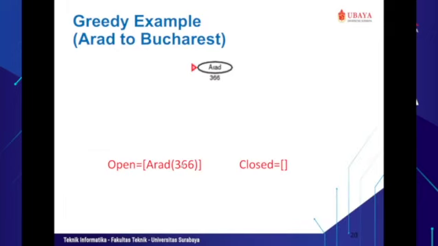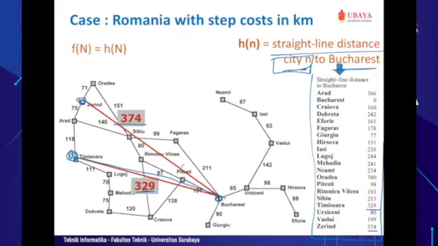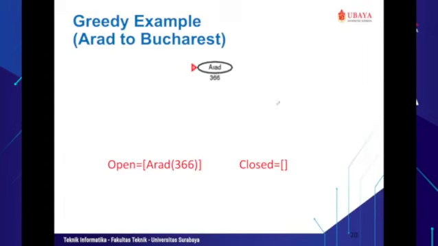Let's use this map and solve it using greedy best first search. Let's say we want to find the distance and then the traveling path from Arad to Bucharest. In here, we know that for Arad, the heuristic from Arad to Bucharest will be 366. So we will put Arad and 366.